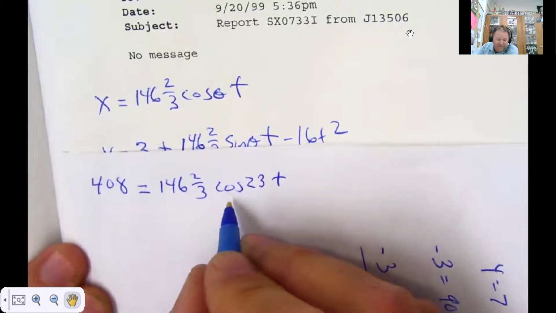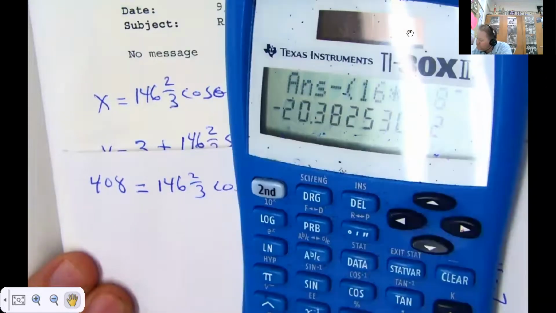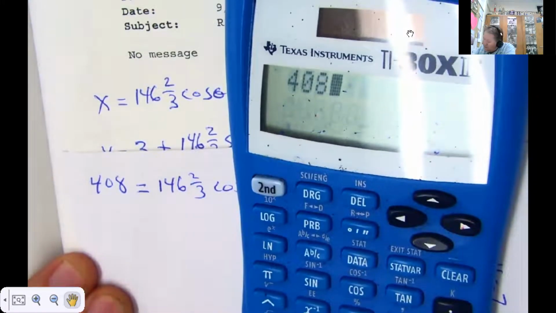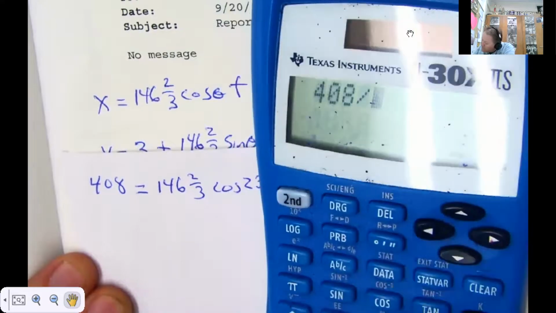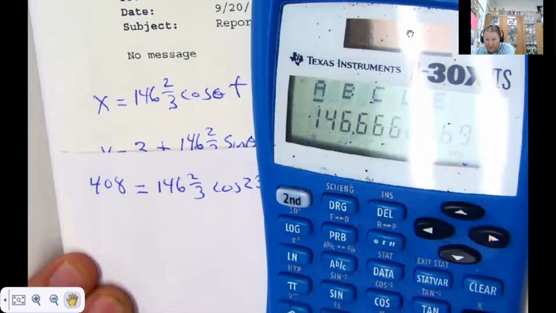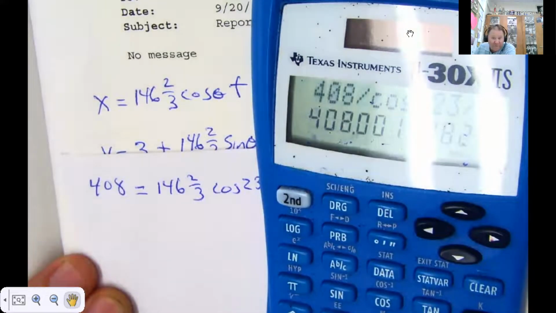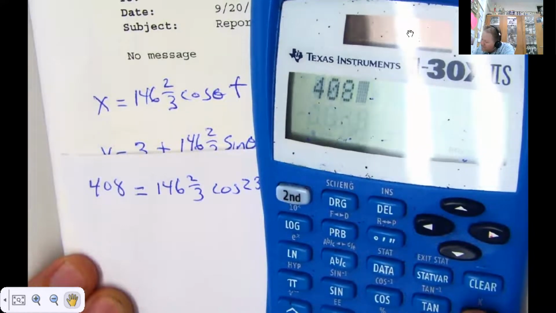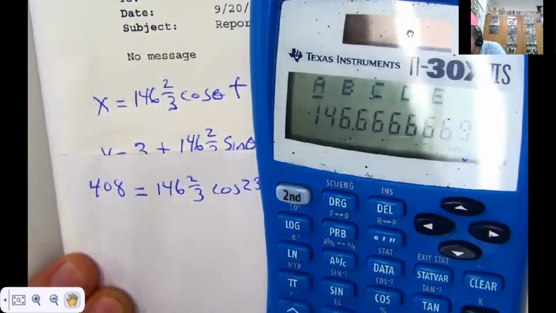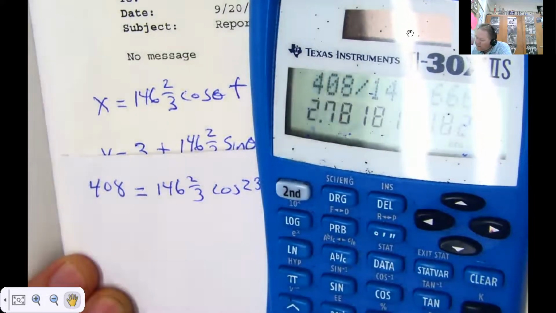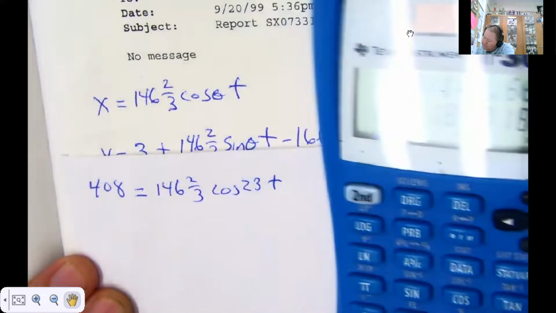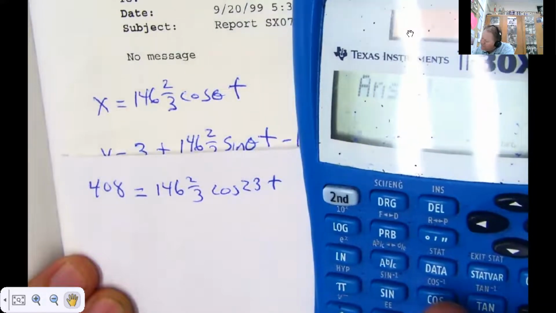And if we solve for t, that's going to be 408 divided by the cosine of 23 divided by the initial velocity. Yeah, that's going to be something that it can't possibly be. So let me do it again. It's 408 divided by the initial velocity and divided by the cosine of 23.